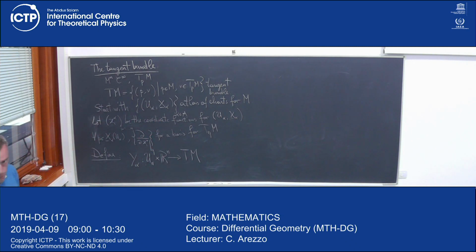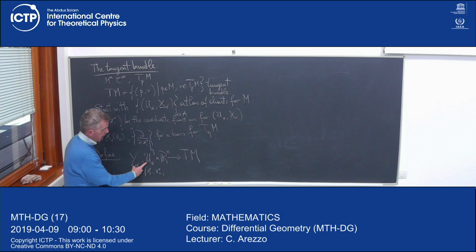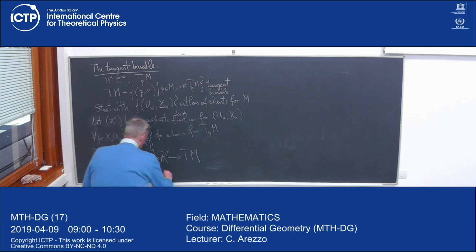By doing what? How do I construct this map? This will take a point here, which is given by x1 alpha, ..., xn alpha, and here I'm just taking any n-tuple of numbers. How do I want to call it? u1 ... un.